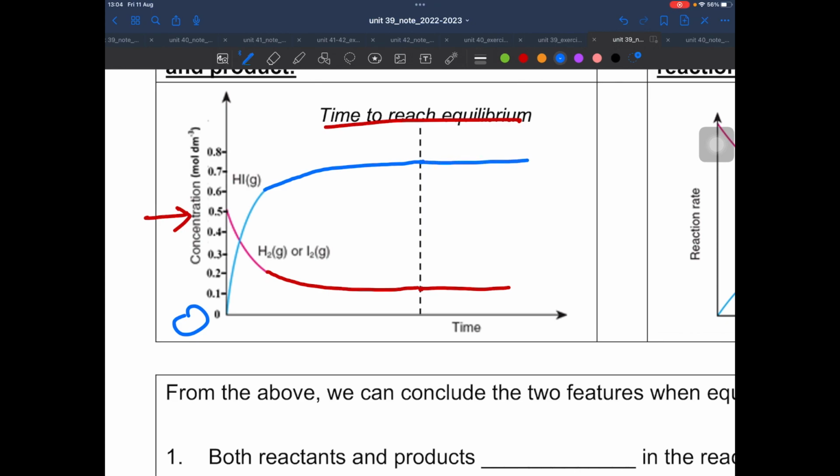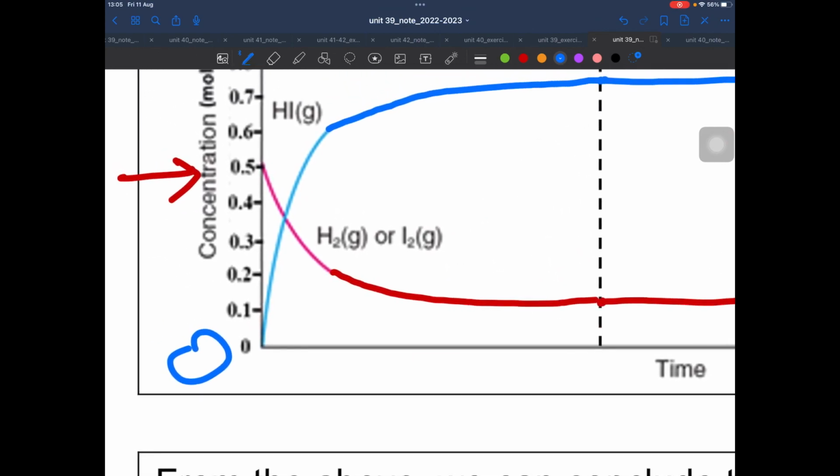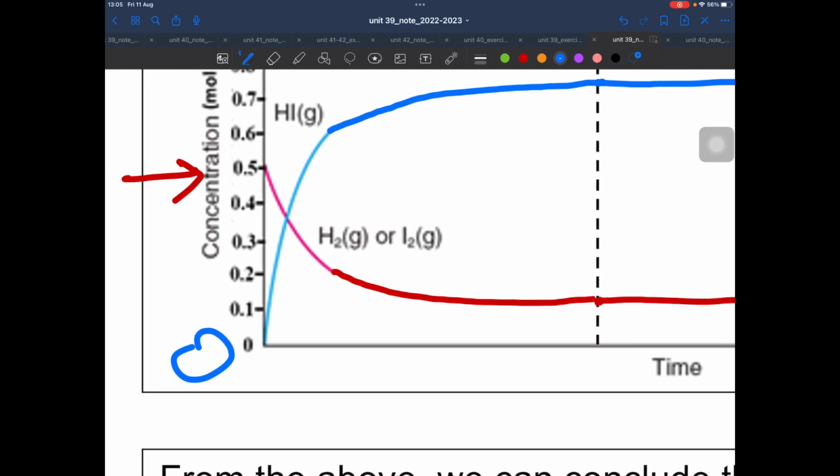Now, you may wonder why both the red line and the blue line are not straight. Well, it depends on the reaction rate we have come across in unit 36 and 37. Take hydrogen as an example.